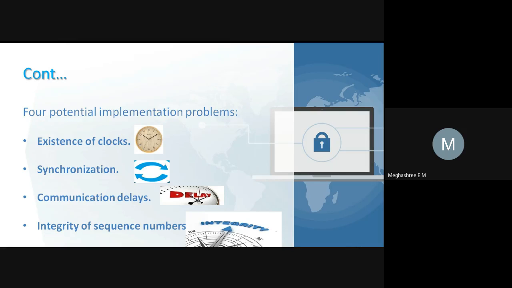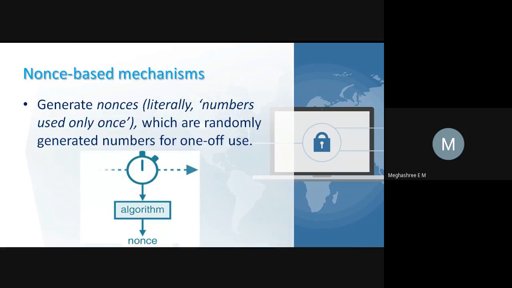So how can we solve this problem? By following cryptographic integrity protection, we can prevent the attacker from changing the sequence number. That is what the sequence number mechanism is all about.